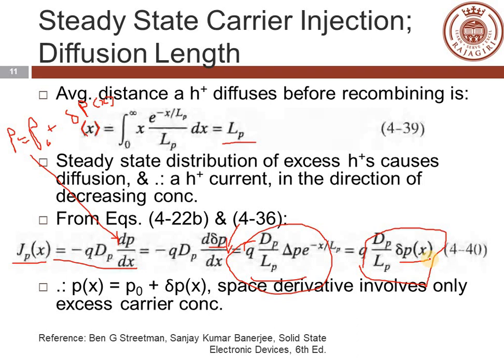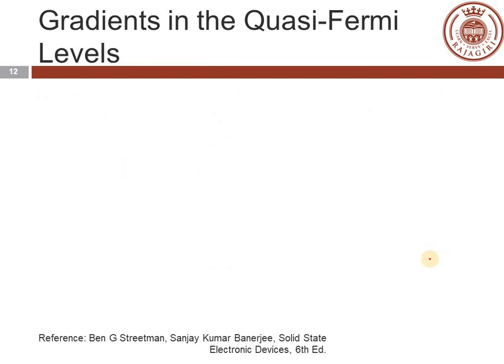Next, we are going to see the concept of Quasi-Fermi levels. So we'll see gradients in the Quasi-Fermi levels. Earlier we have seen the Fermi level. Those Fermi levels were for semiconductors at equilibrium. So at equilibrium, we have a constant Fermi level. We don't have any gradients over that.